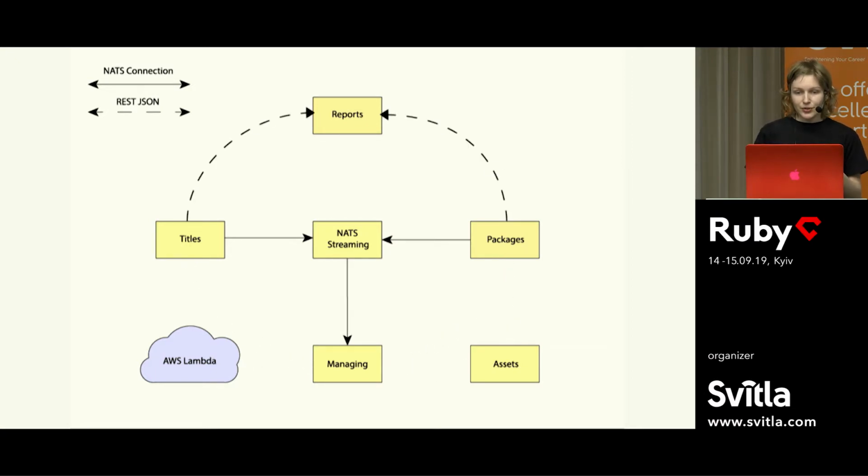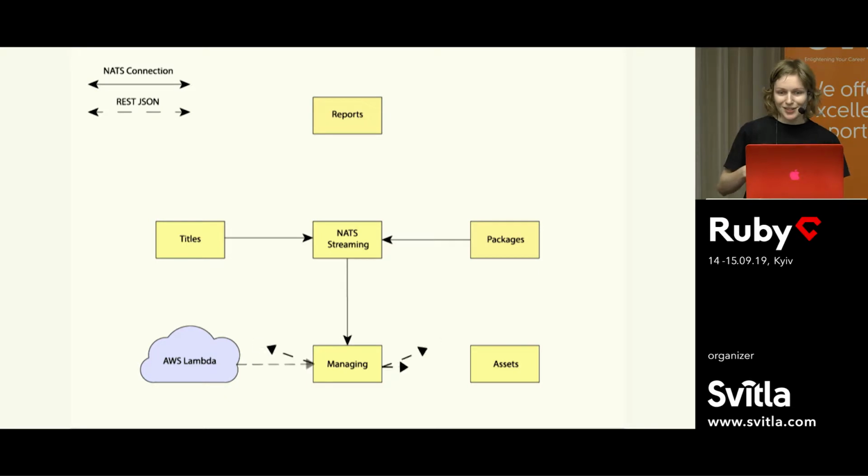And this managing service sent HTTP JSON requests to our other services. And once processing was done in titles or packages service, they sent events to the NATS streaming service. And this managing service is subscribed to some topics on NATS, and it was somehow working for us.